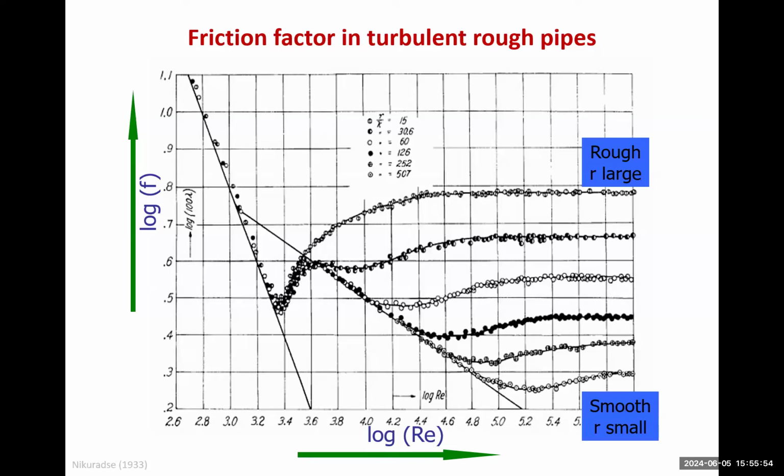Over here, this is going as a constant, independent of Reynolds number. That shows you that the friction in turbulence goes like u squared, because it's a constant when plotted in this way. Then in between, you have all this weird non-monotonic behavior which you have to explain.